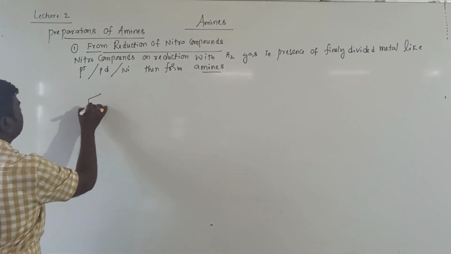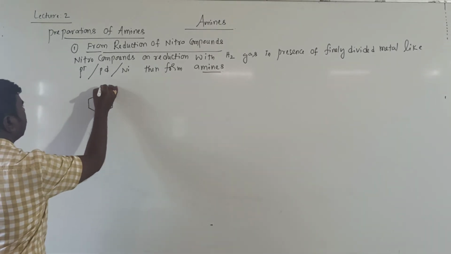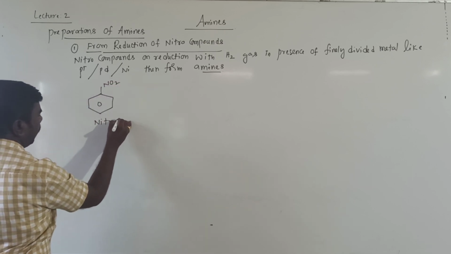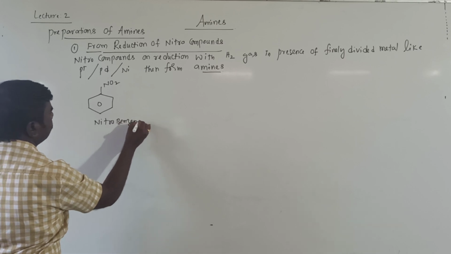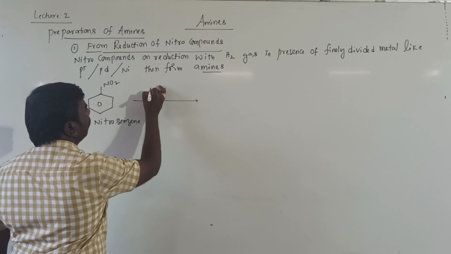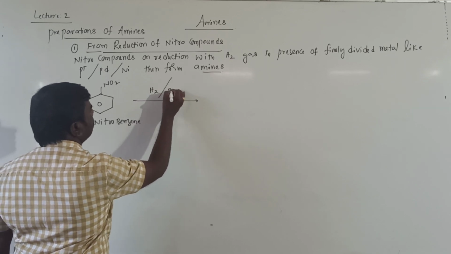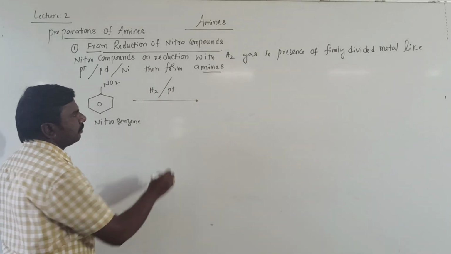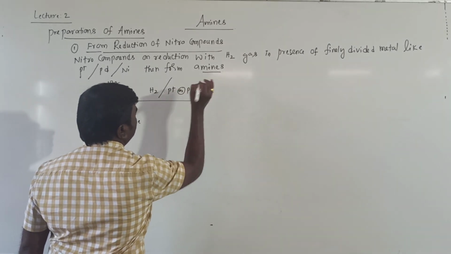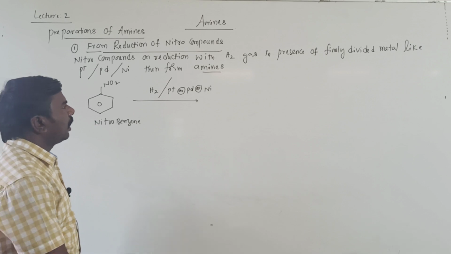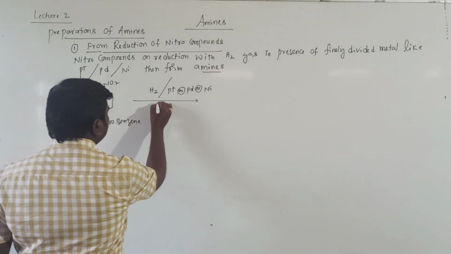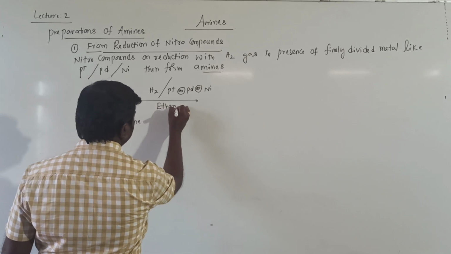Equation, students. Nitro compound, I am taking nitrobenzene. This is nitrobenzene, on reduction with H2 gas by taking platinum or palladium or nickel, any one you can take. Ethanolic hydrogen gas here, ethanol means alcohol medium.